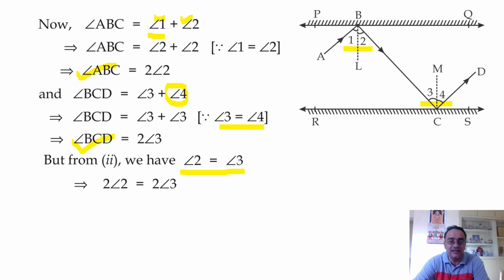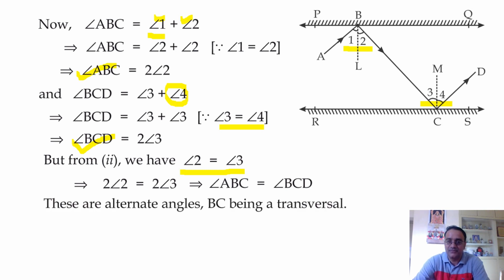In place of 2 times angle 2 we can write angle ABC, and in place of 2 times angle 3 we can write angle BCD. But these are alternate interior angles for AB and CD cut by a transversal line BC. So AB is parallel to CD. So this is the proof of the last question of this exercise.